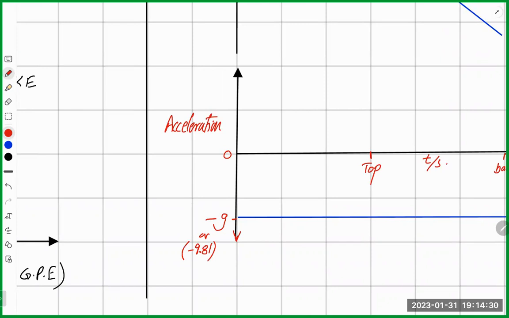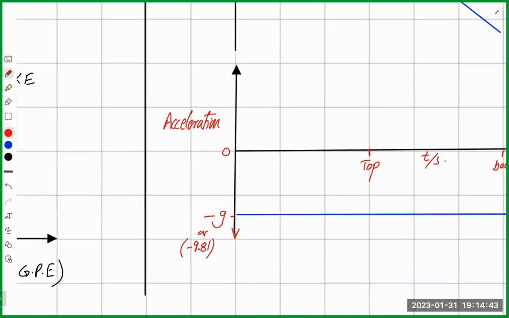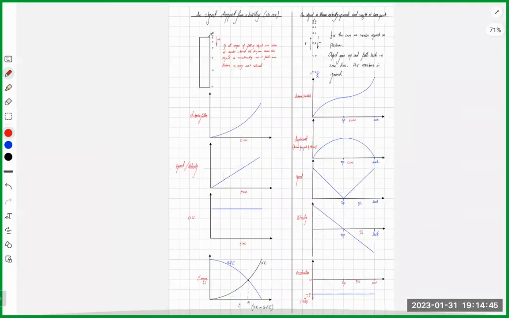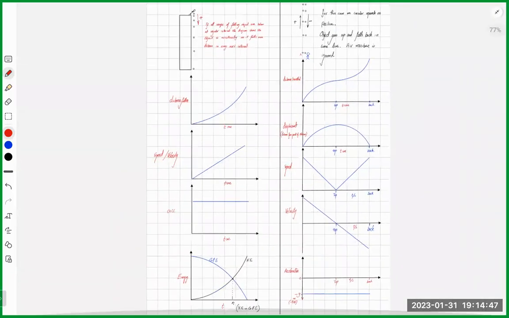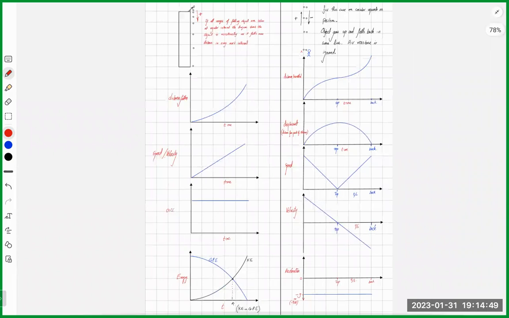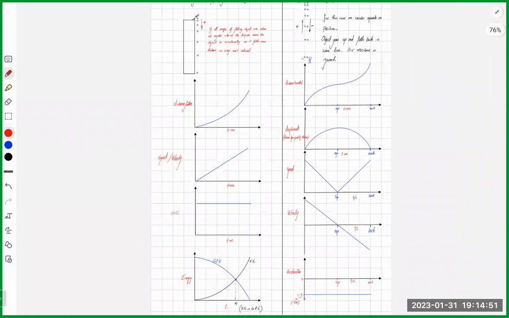Remember, for this kind of case, because we have considered upward as positive, and what did I tell you about acceleration due to gravity? Acceleration due to gravity is always downwards, always. Okay, so these are the graphs that you should know how to plot.